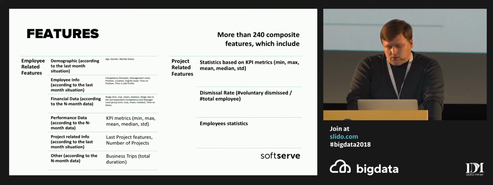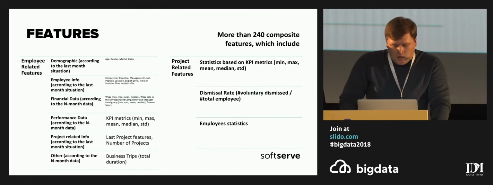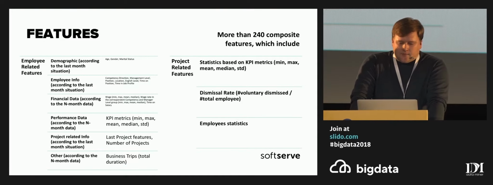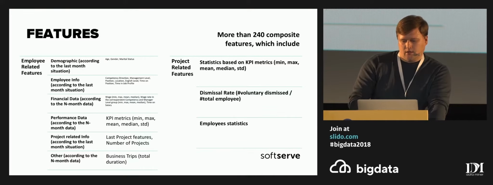We use statistics based on KPI metrics, for example minimum, maximum, mean, median, STD, etc., dismissal rate, and some employee statistics. In the end, we obtained feature vectors with more than 240 composite features.